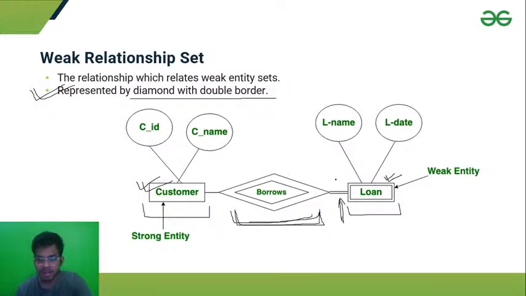Here it is total participation, which means every loan has a relation with some customer, but here it is partial participation, because in a bank every customer does not take a loan. Some customers may have borrowed a loan, but not every customer has. So the single line represents partial participation, which means every customer is not related with the loan entity. So let's go ahead.